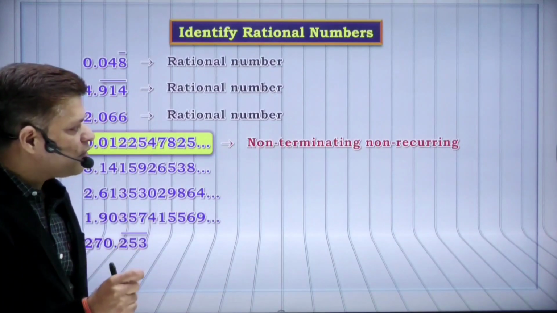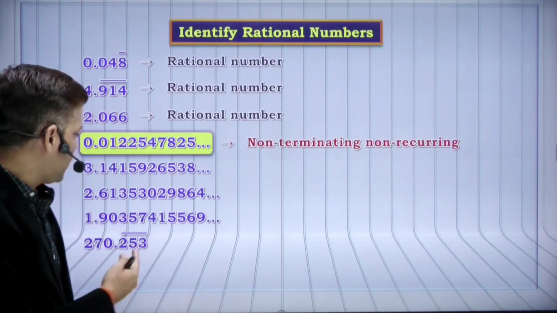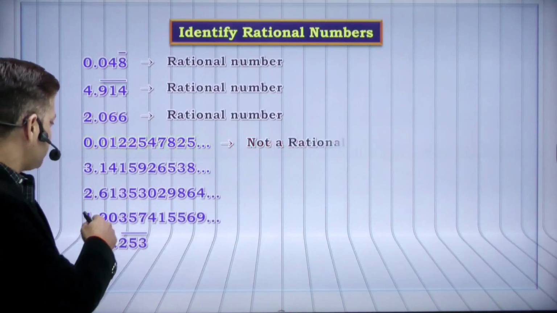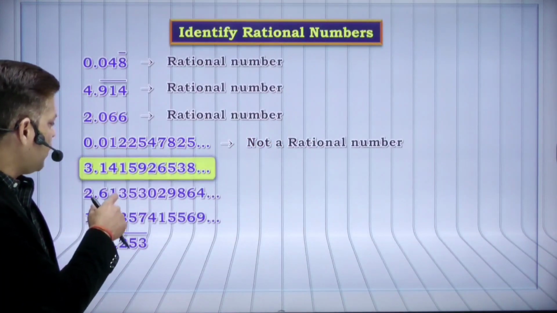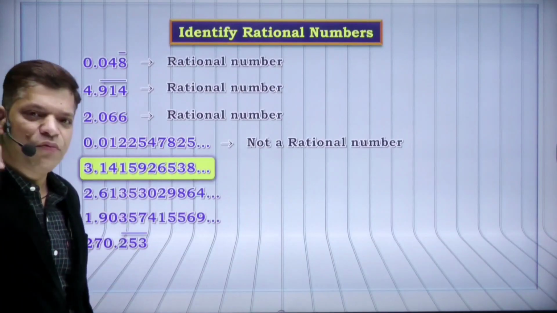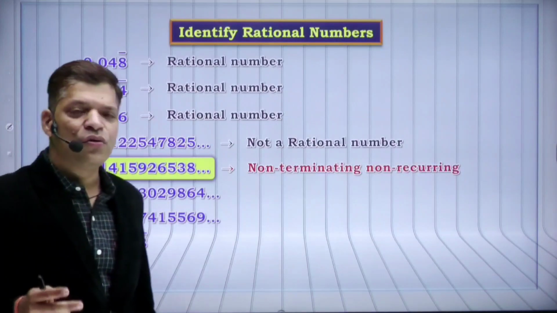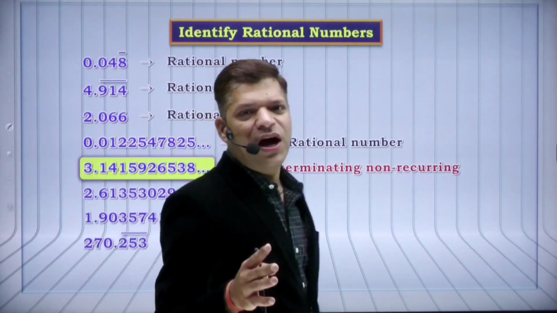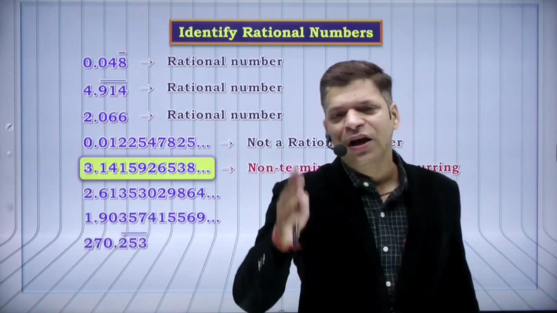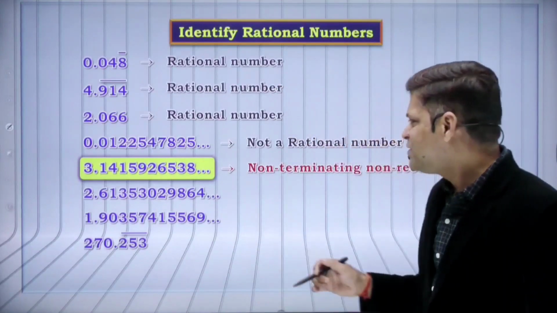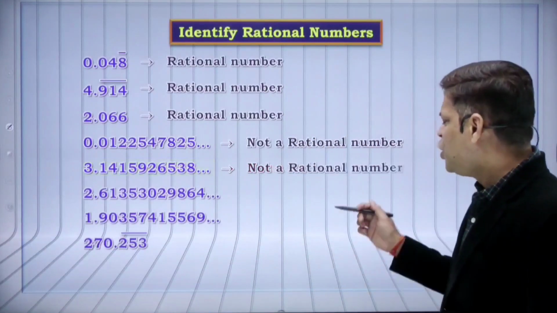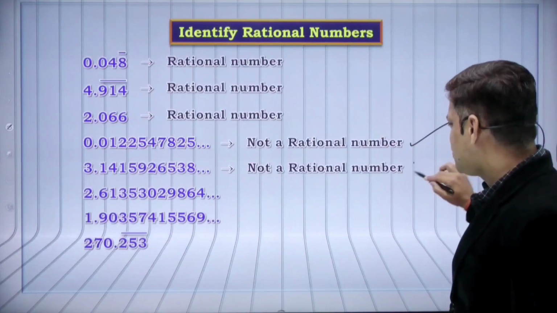Non-recurring means non-repeating. The same way we can check 3.14159265338 up to so on. This is also non-terminating, non-recurring. So the numbers which are non-terminating and non-recurring are not rational numbers.